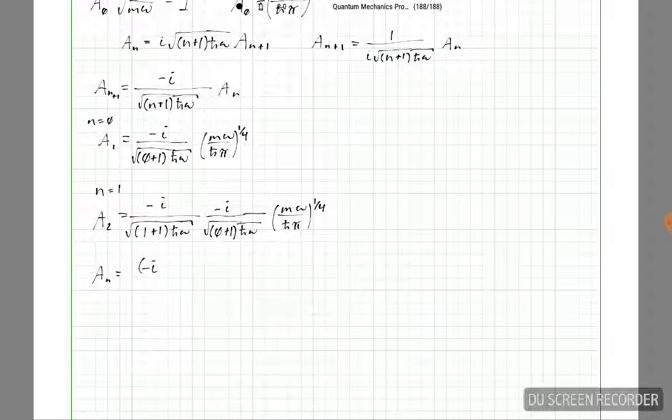So that gives me a negative i to the n power. Then on the bottom I have a square root. I have h bar omega 2 times. If I look at a1, I just had 1 h bar omega. So that's h bar omega to the n power. And then of course I have this guy, which just stays the same.